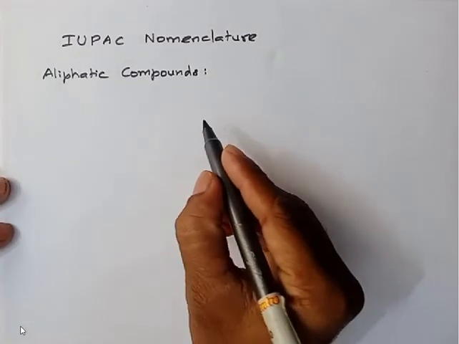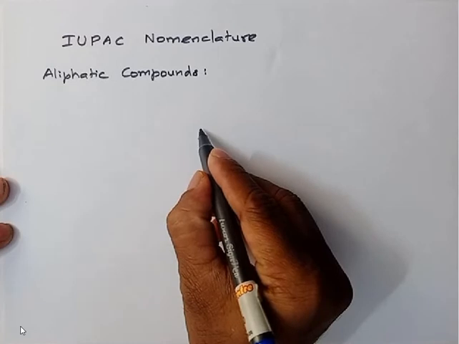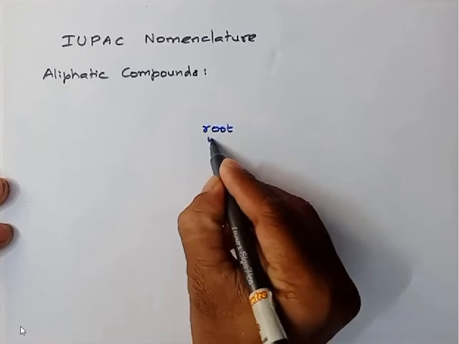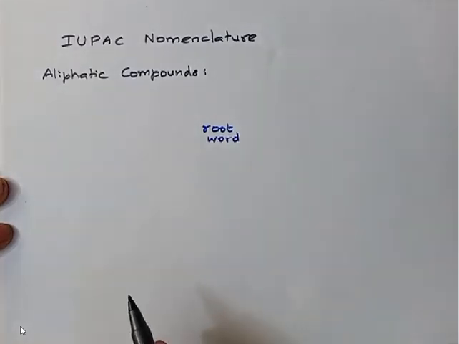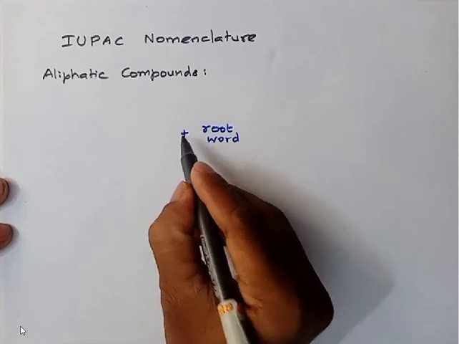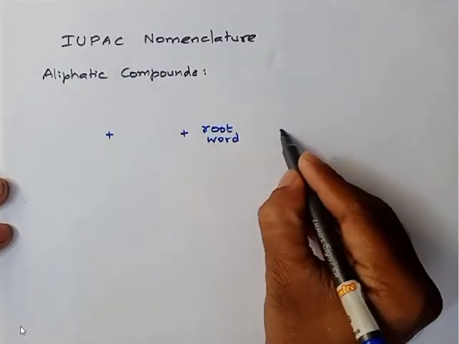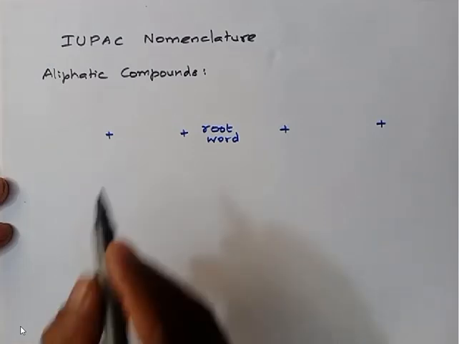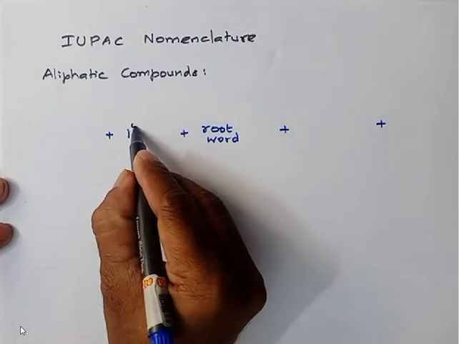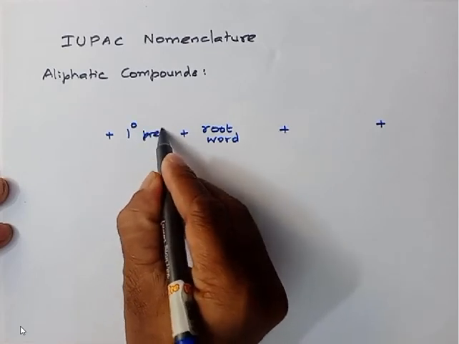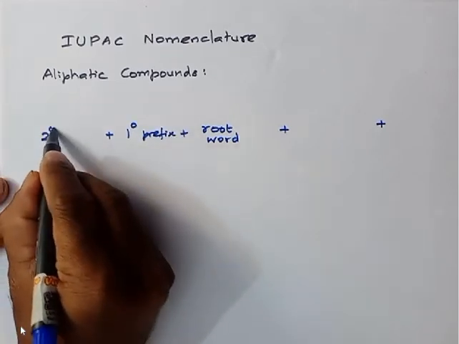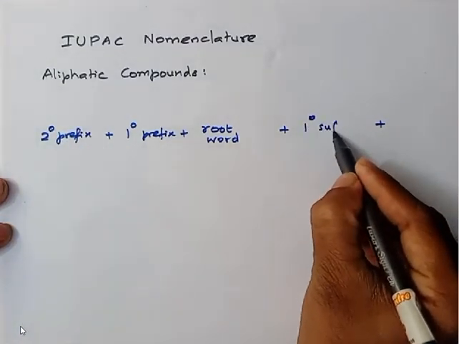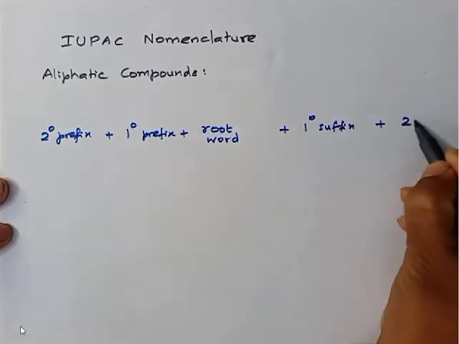That is, it contains a root word, then 2 prefixes and 2 suffixes: a primary prefix and secondary prefix, similarly a primary suffix and secondary suffix.